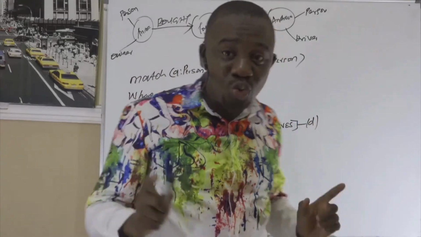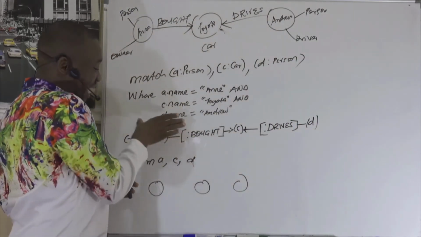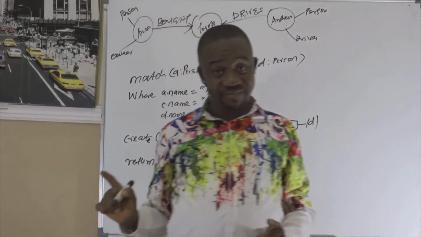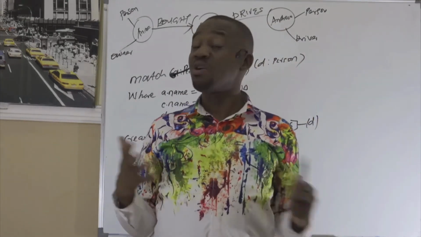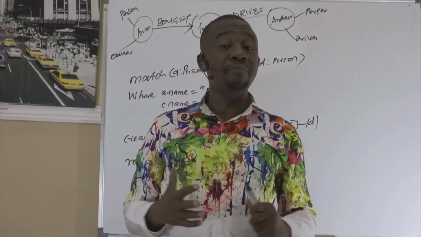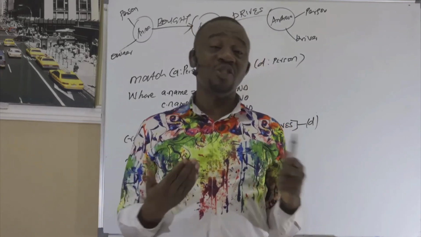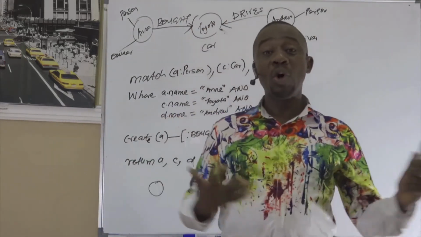Another thing you can still do is, before you even create a relationship, you test if it exists. Does this relationship exist before you create it? Why? Because sometimes you have more than 1,000 nodes, 1,000,000 nodes, 1,000,000,000 nodes. And sometimes you have more than 1,000,000 relationships, like Facebook. They have billions of relationships among the users.